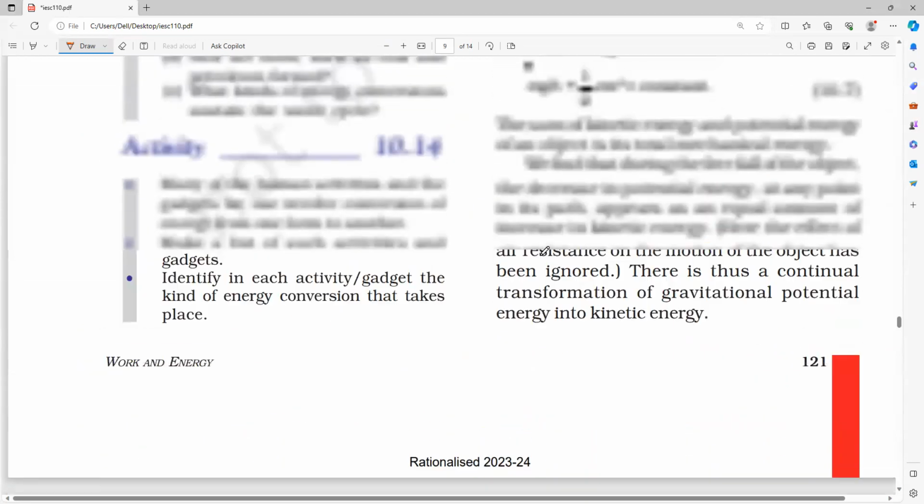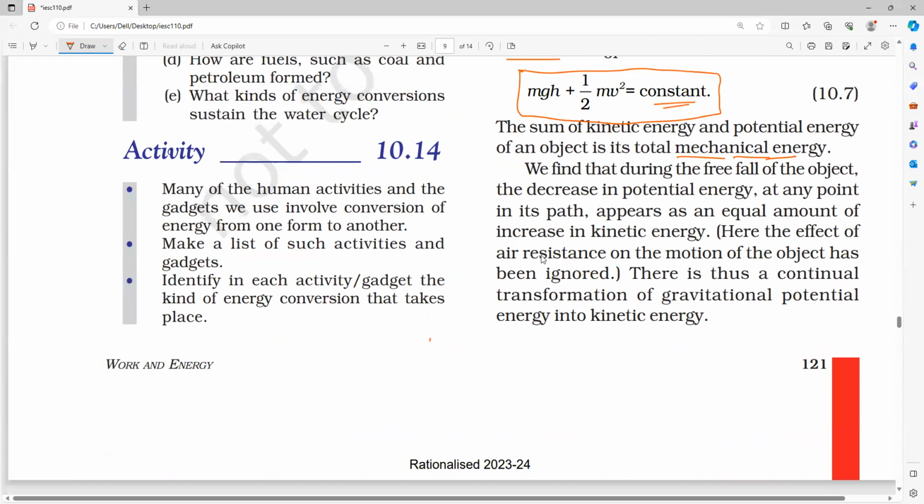Next, 2 meters height. At 2 meters, potential energy will be there, which is mgh, equal to 20 into 10 into 2, which is 200 into 2, that is 400 joules. So the remaining 400 joules, where will it be converted?